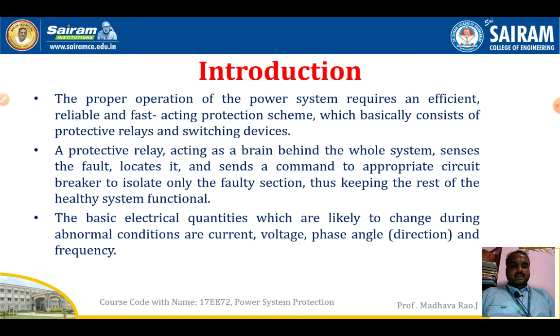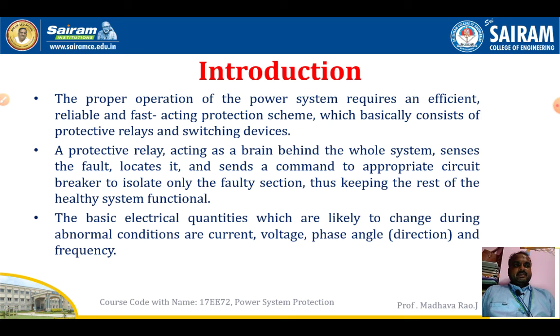So these are the brain, just as a woman has a brain, and the brain acts on the body. So relays also will act very quickly in power system. So what will relays do? They sense the fault location and send a command to operate a circuit breaker.